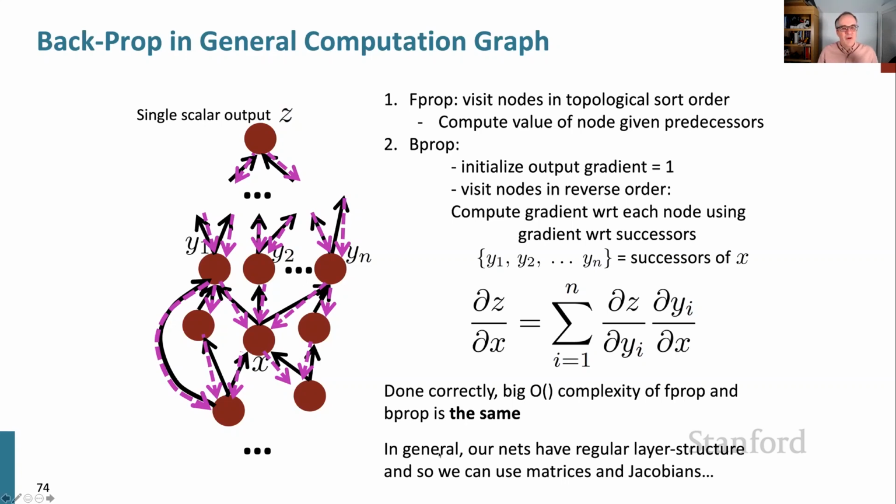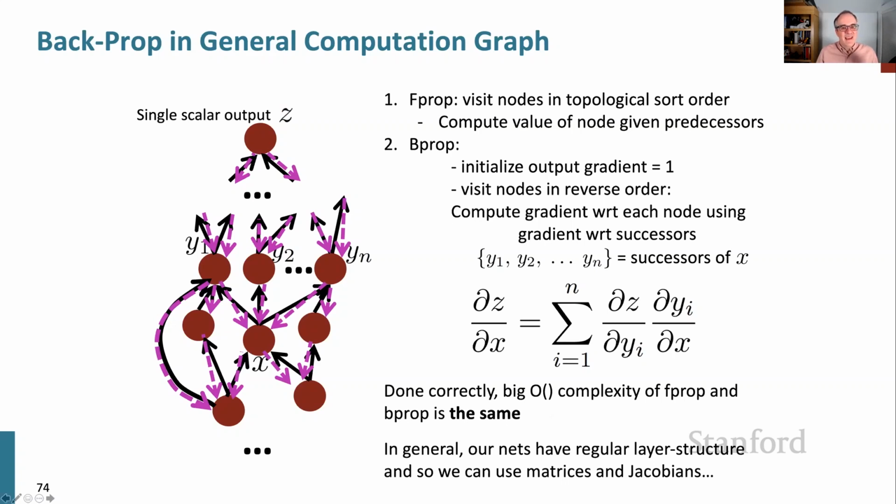In general, what we find is that we build neural networks that have a regular layer structure. So we have things like a vector of inputs, and then that's multiplied by a matrix. It's transformed into another vector, which might be multiplied by another matrix or summed with another matrix or something, right?